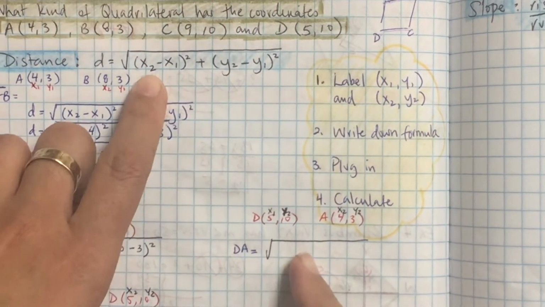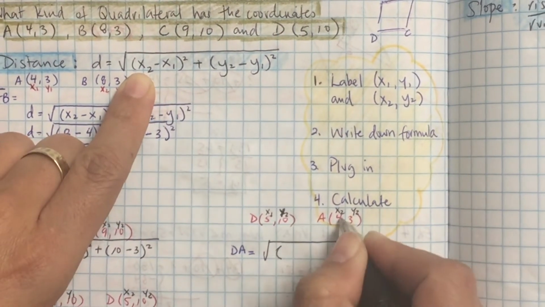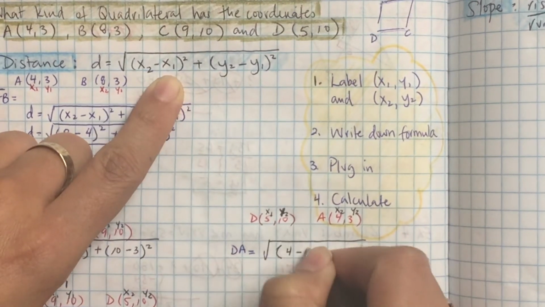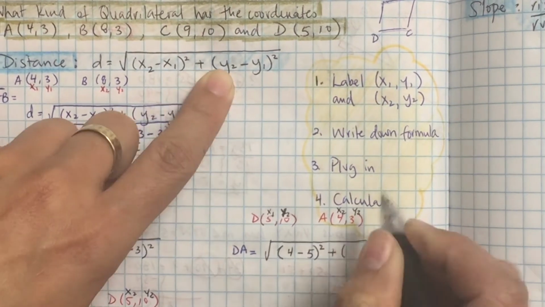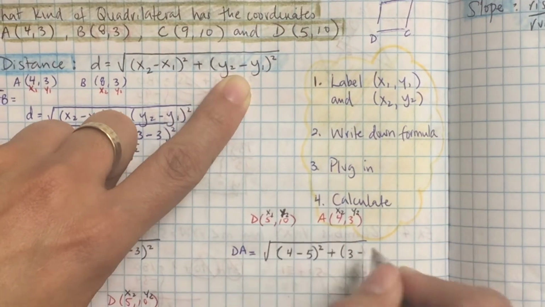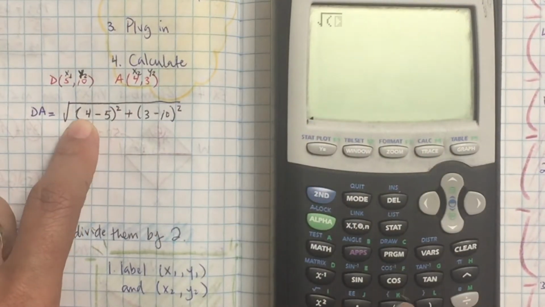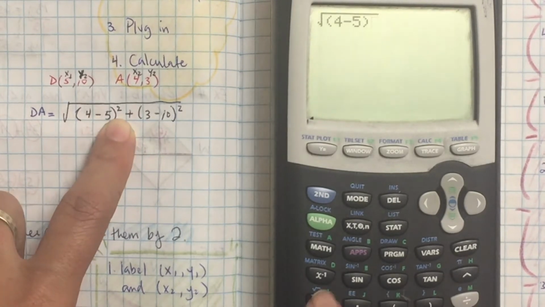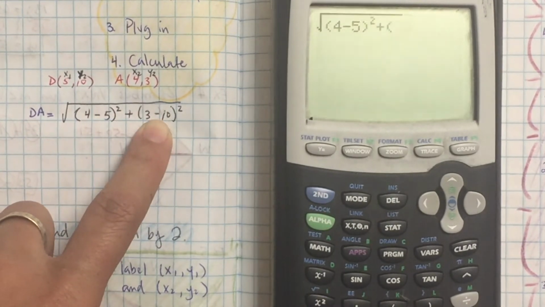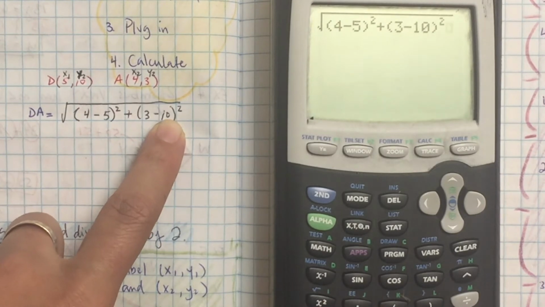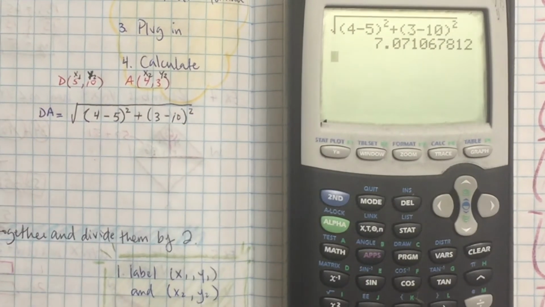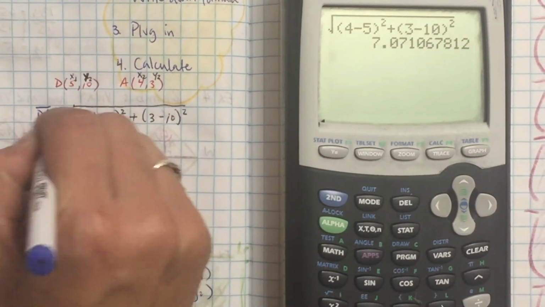So x2 is 4, so parenthesis 4 minus x1, which is 5, squared, plus, open parenthesis, 3 minus y2, which is 10, squared. And then punch that all in the calculator just like you see it. Make sure it matches. Press enter. 7.1.